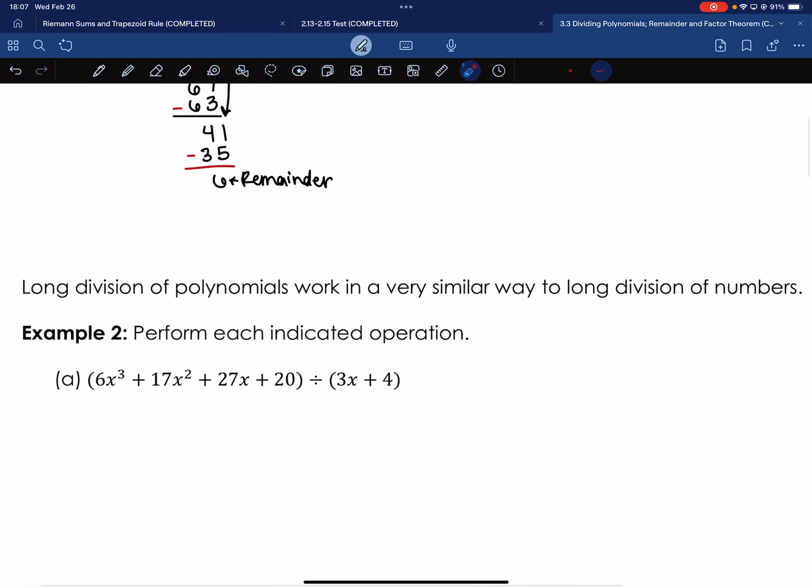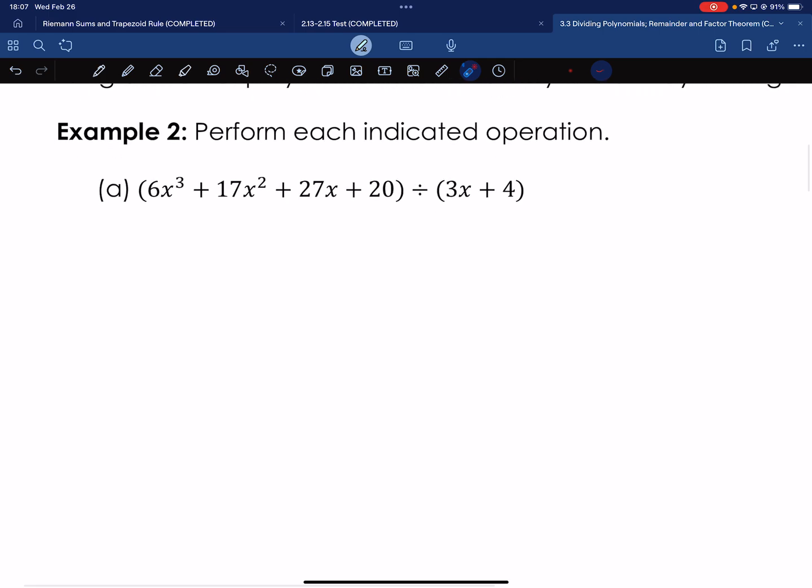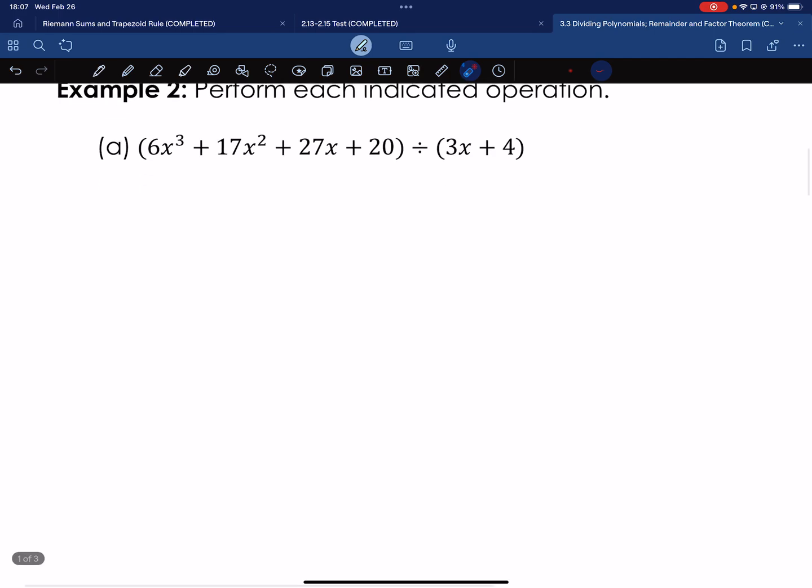So, here we go. Now, we have polynomials that we're going to divide. It's the same exact process as before. One thing you need to make sure of is that these terms are in order. So you have an x cubed, an x squared, an x, and then a constant.